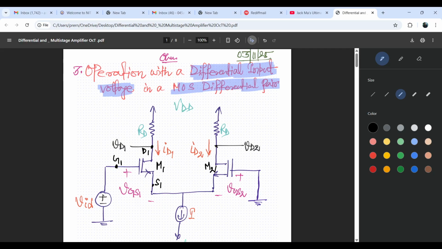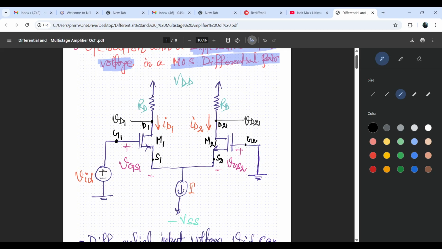This terminal is our D2, and the gate of the second MOS transistor is connected to ground, and this one is our source S2. So this is the circuit. Here the VDD supply goes to both resistances RD, and there is a differential voltage VID, and the common current source I, connected to both the source ends of transistors M1 and M2, is with a power supply minus VSS.